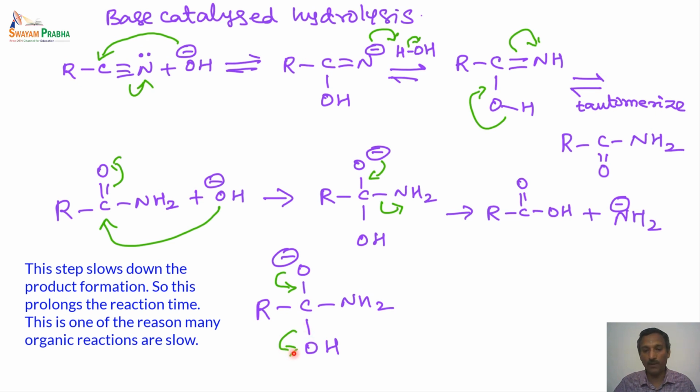So why does this step not happen? If this step happens, what we end up with is nothing but the starting material. So this is the starting material. That intermediate, the amide intermediate that was present, will be regenerated in this step. For our product formation, the removal of NH2 is a crucial one. Unless this removal happens, we may not end up with the required carboxylic acid as our product.